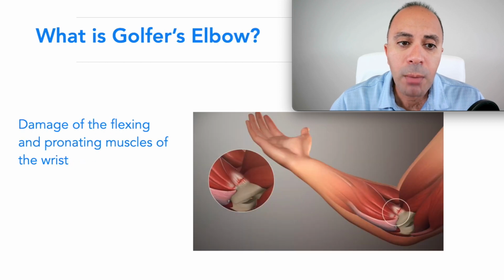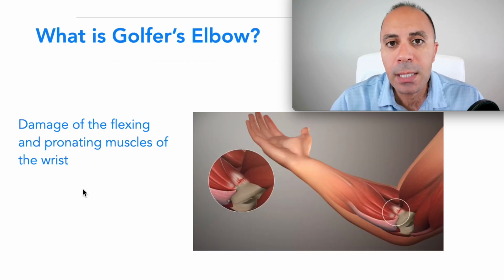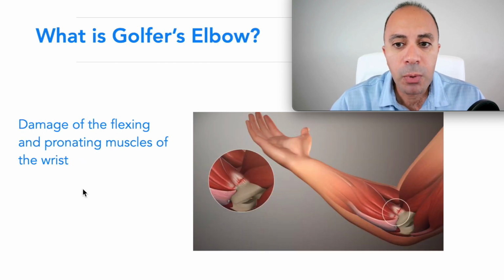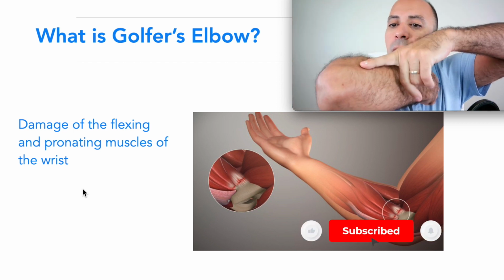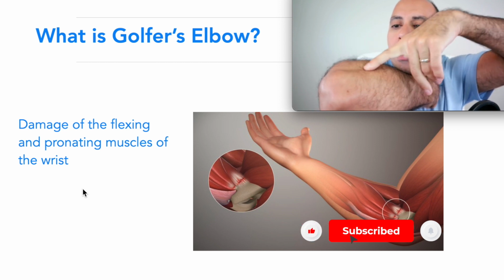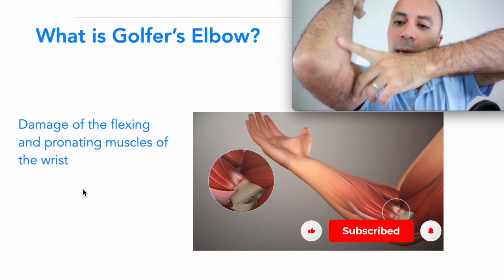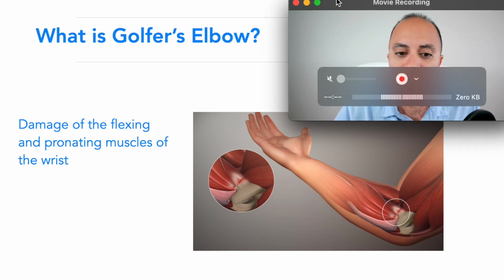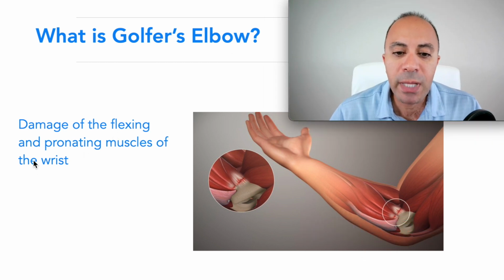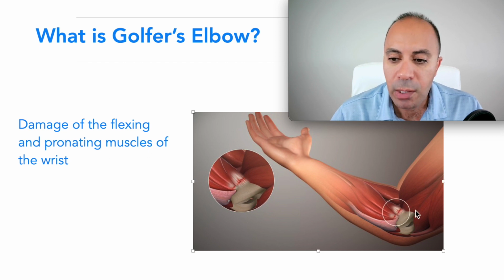The second most common elbow pain is called golfer's elbow, and that's actually on the opposite side of the tennis elbow. Tennis elbow is usually on the outside of your elbow here. Golfer's elbow is inside here, and it's the same thing. It happens due to repetitive motion and damage to the flexing and pronating muscles of your elbow. And you can see it here.